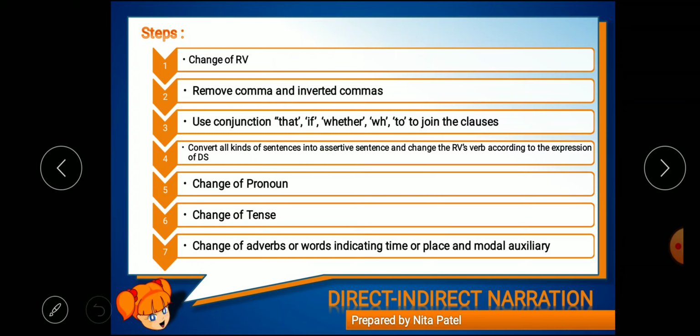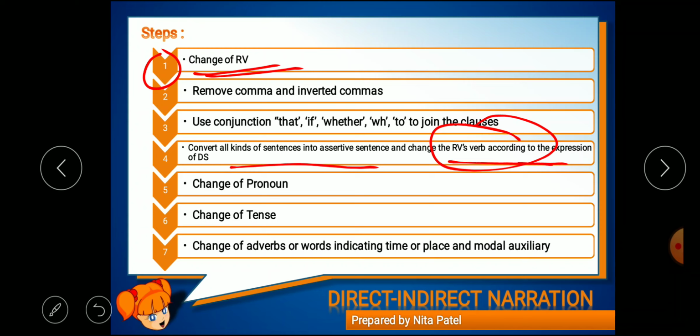Next step is that we have to convert all kinds of sentences into assertive sentences. Assertive means declarative statements, right? So we have to convert all the sentences into assertive, and we have to change RV's verb according to the expression of DS. The same step is there, change of RV. Now in the RV we don't change tense at all, but we have to change RV's verb according to the expressions.